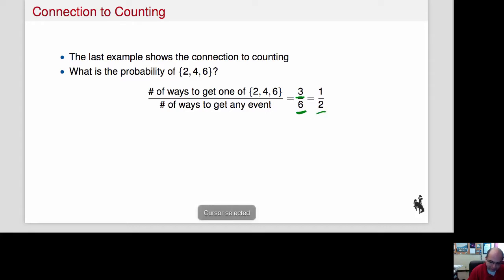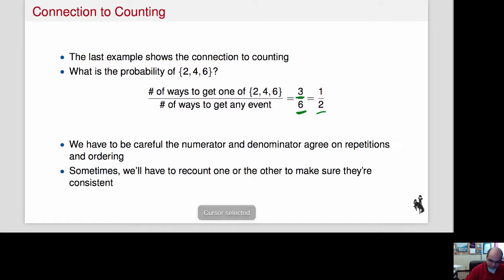So counting is really going to be our workhorse for doing a lot of this probability, okay? Now you have to be a little careful. The numerator and the denominator actually have to count the same things. So they have to agree on repetitions, they have to agree on ordering. You just got to make sure that you're consistent in what you're counting so that you get the right numbers.